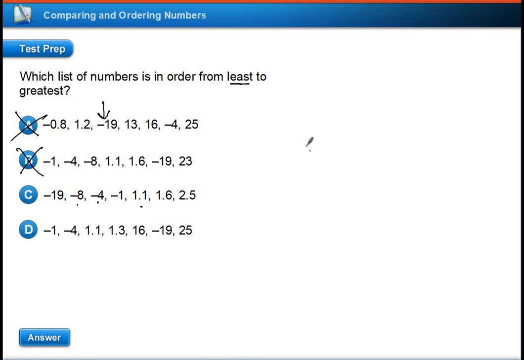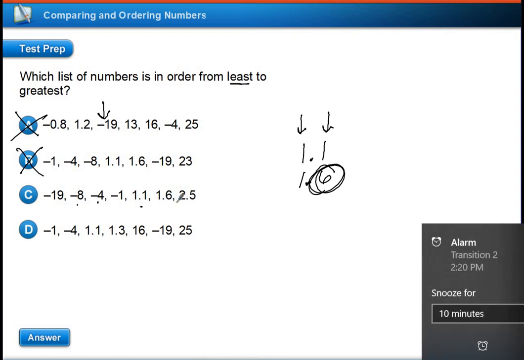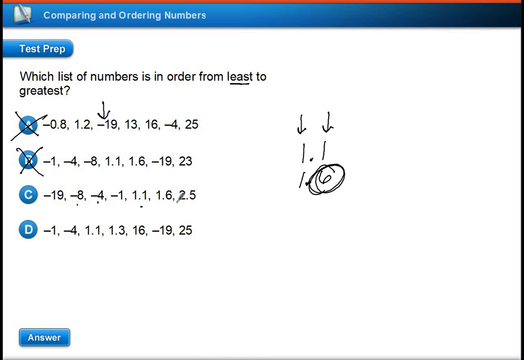But here I have 1 and 1/10 and 1 and 6/10. So I can line them up like this. Well, my 1s are the same, but here the 6 is bigger. So that tells me that 1 6/10 has to be bigger than 1 1/10. So far, so good. And then here I have 2. So right now, C is the front runner for being correct.